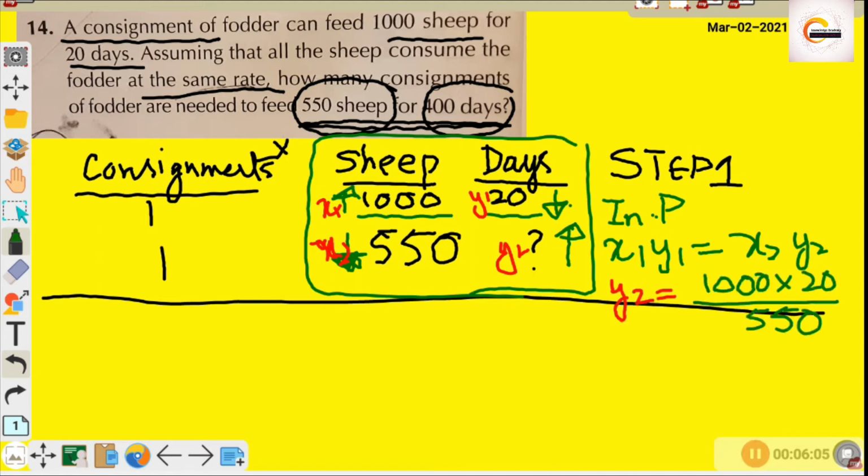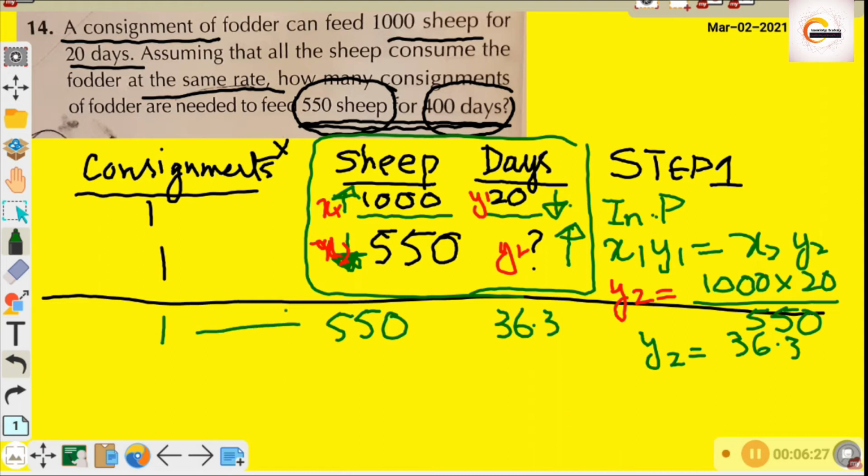1000 multiplied by 20 divided by 550. The value of Y2 is going to be 36.3. You can say that one consignment can feed 550 sheep for 36.3 days.